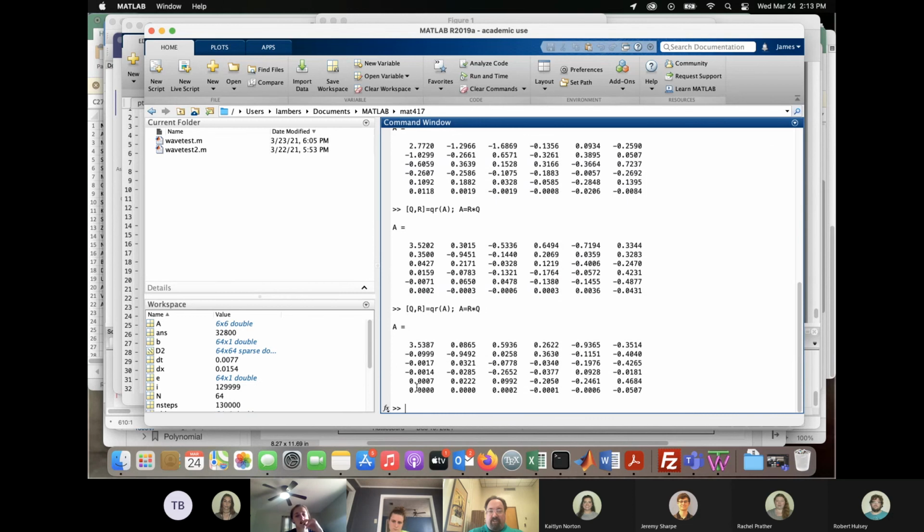You'll see we start to get some zero entries down in the lower left. If I keep going, we get more of them. Now the matrix is quasi upper triangular, not entirely, because we have some nonzero entries in the lower triangle here. Watch this entry right here, minus 0.0172.